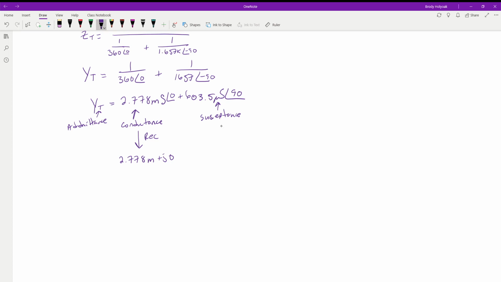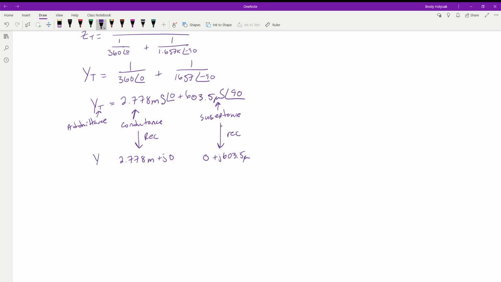Okay, this value we're going to convert into rectangular. It's at 90 degrees, so that means we are at plus j of 603.5 micro, and there is 0 real component because we're at the positive 90. Remember, this is one of our quick conversions we can do.